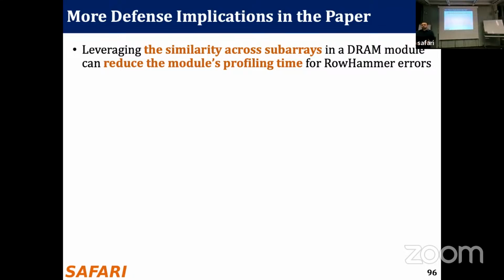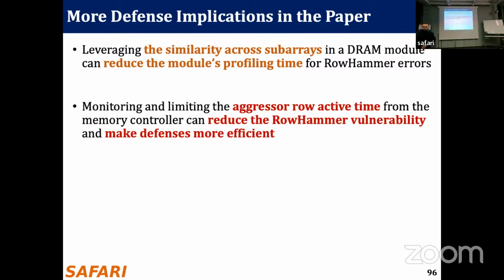We can get some rough idea about the vulnerability level of the DRAM chip. So we can monitor and limit the time that a row can be kept active from the memory controller, for example, so that we can reduce the RowHammer vulnerability to make defenses more efficient.